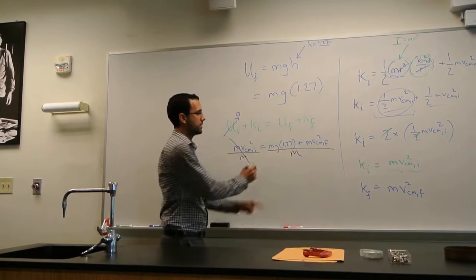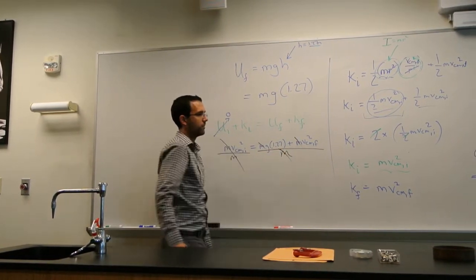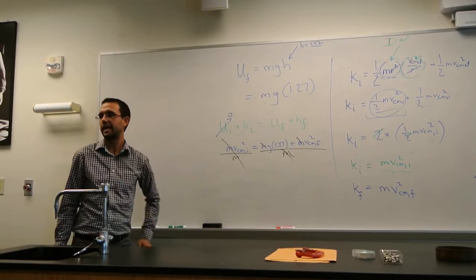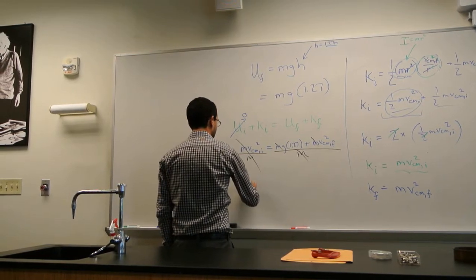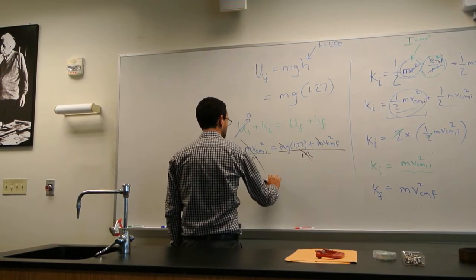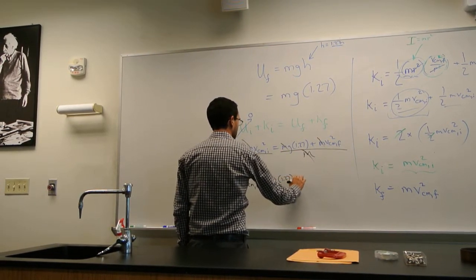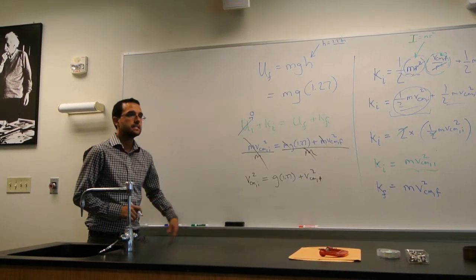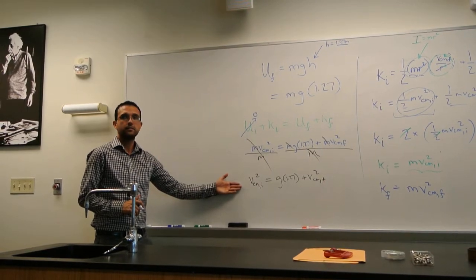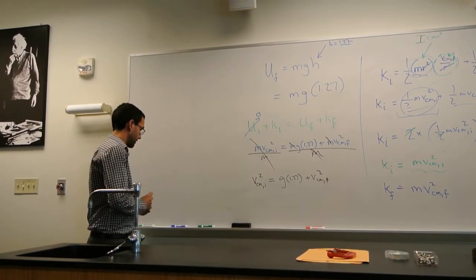Here, m over m is 1, and same thing here, m over m is 1. So that m actually cancels out. So I'm left with v_cm initial squared is equal to g times 1.27 plus v_cm final squared. Does everybody agree with this statement here? Does everybody see that?